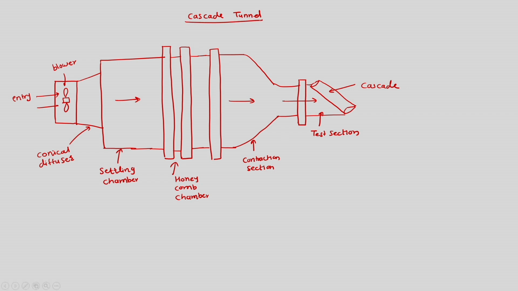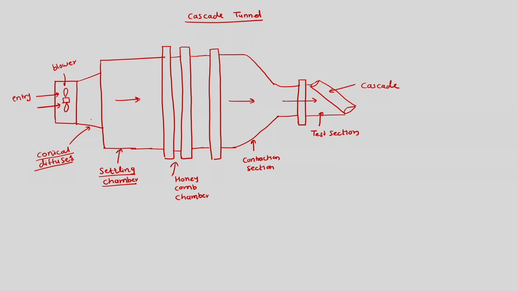So here, as said, this cascade tunnel would start with a blower. The blower would start letting air into the tunnel. Then from the conical diffuser, the air will reduce its velocity and it would further become less in the settling chamber.